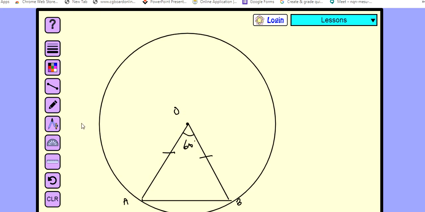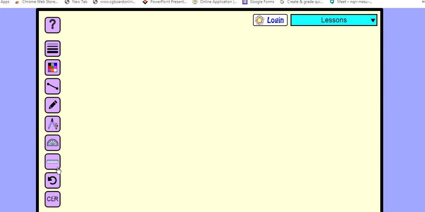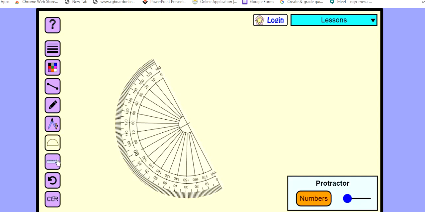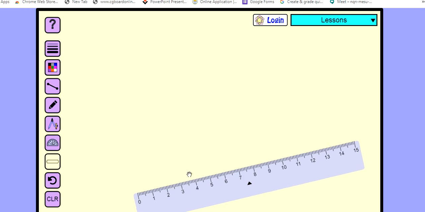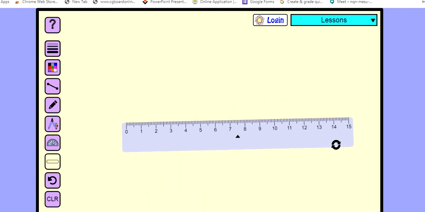Question number 6. Draw a circle of radius 3.6 centimeter. In the circle draw a chord AB 5 centimeter. Now shade the minor segment of circle. So this one is easy. Draw a circle of radius 3.6. Okay, so first we will take radius 3.6.